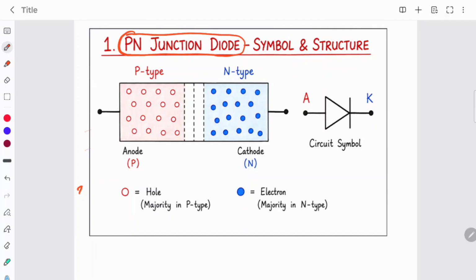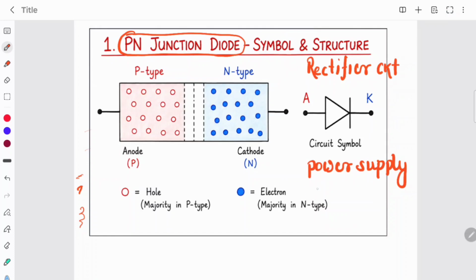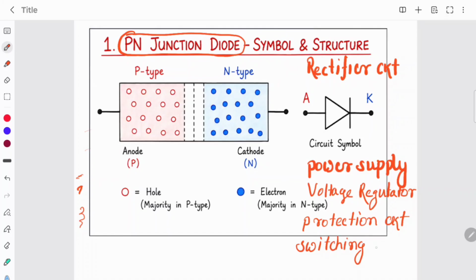You may have seen a diode in a rectifier circuit, in a power supply, a voltage regulator, a protection circuit, a switching circuit, and many more electrical and electronic systems.